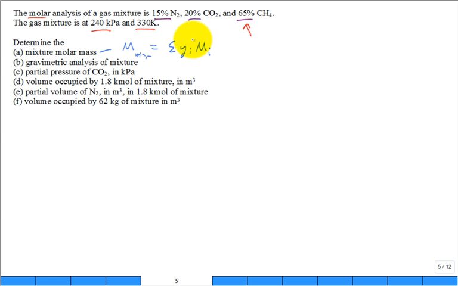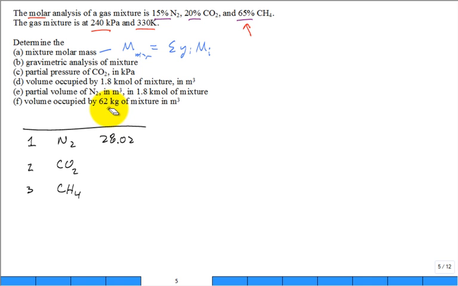Well, I did that. I set it up in an Excel type of spreadsheet. You can do it on exams, a nice little way to help organize the work. I'd say I have component 1, component 2, component 3. First component's nitrogen, the second component's carbon dioxide, third component's methane. And I look up the molar mass of each of those components. So for the nitrogen, it's 28.02.